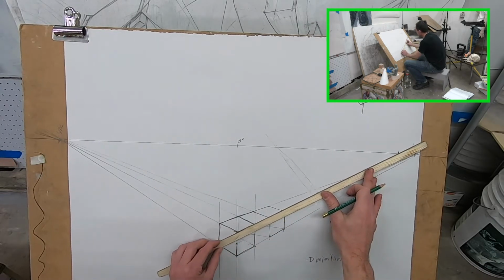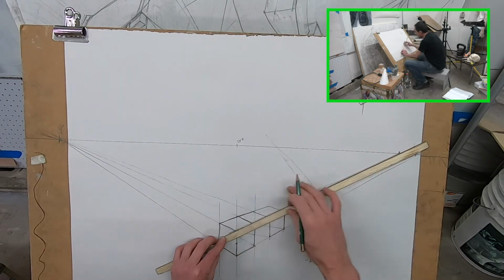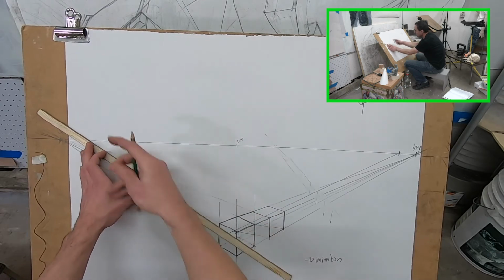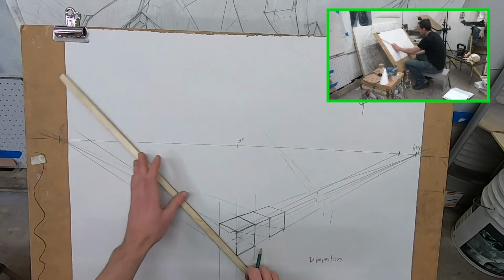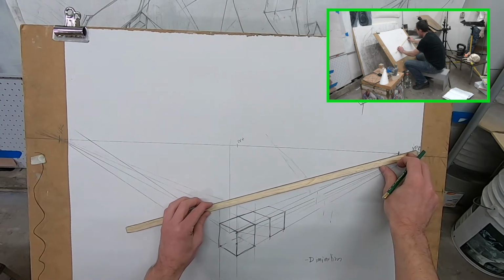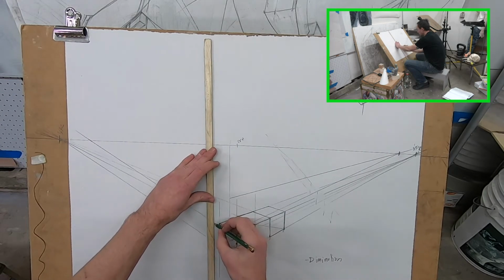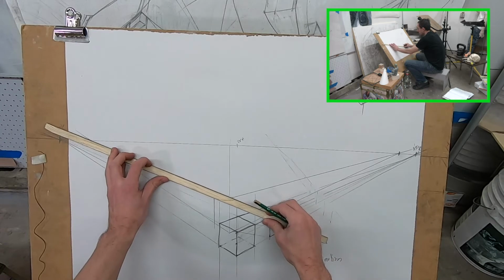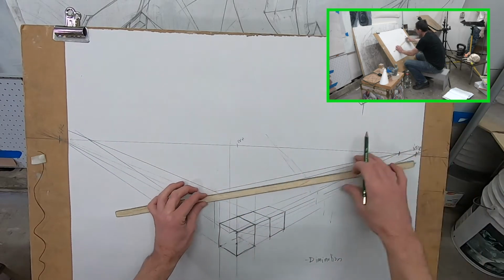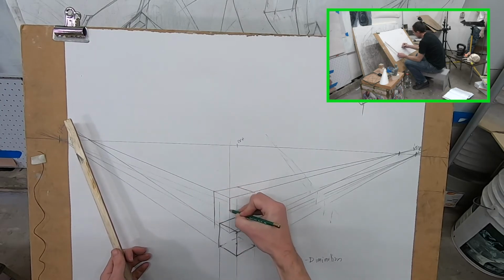Right? So if I wanted to turn a cube ever so slightly in this case, the line weight.